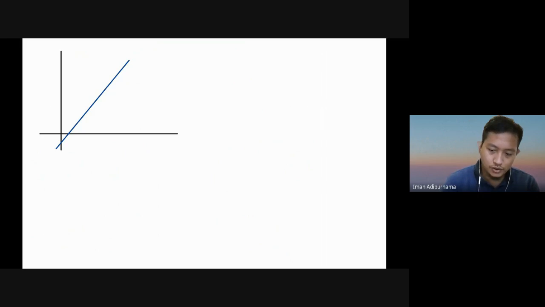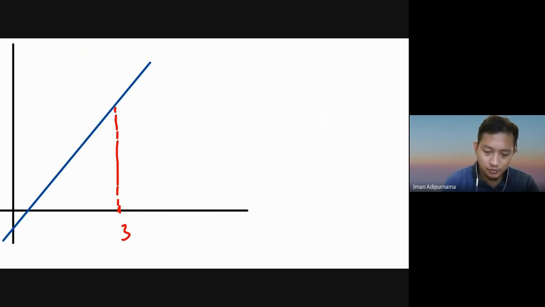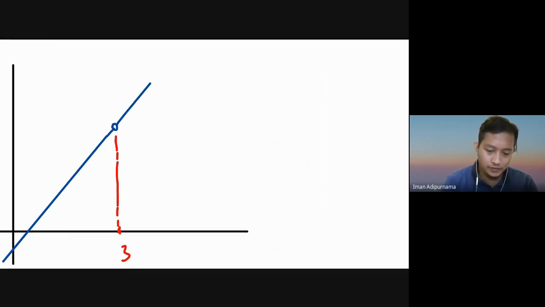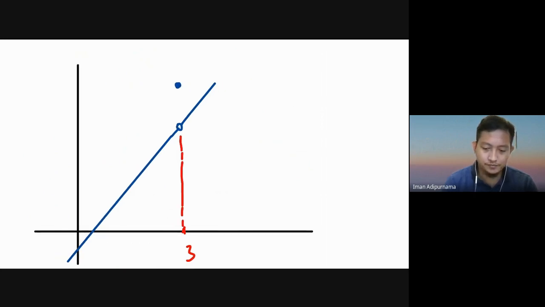We start from 3, maybe 1, 2, maybe 3 is here, right? And in terms of the function, we know that this has a hole here, and then another value equal to 6 there. So in terms of limit, we have this equal 5. So the limit for the function is 5, okay?